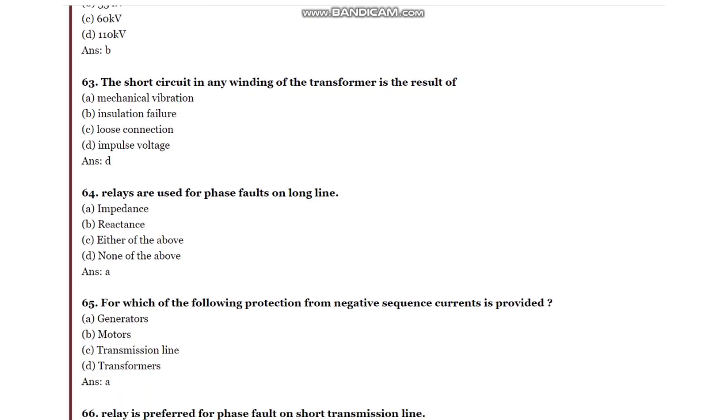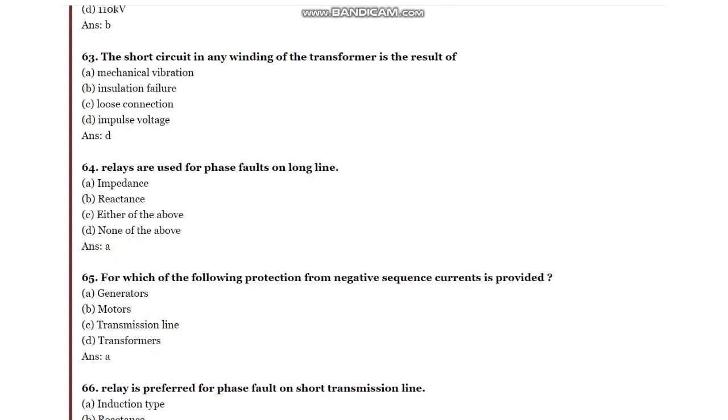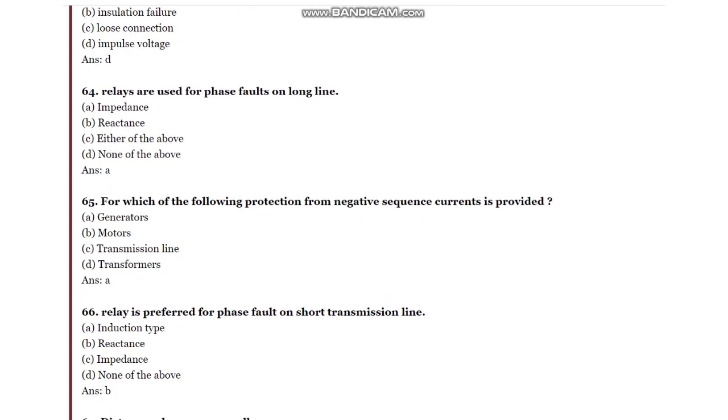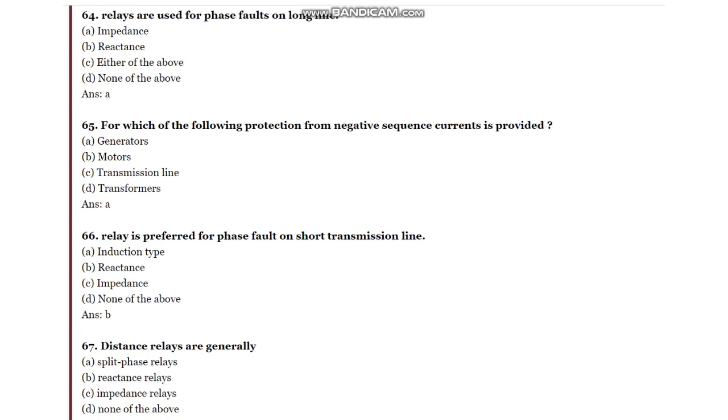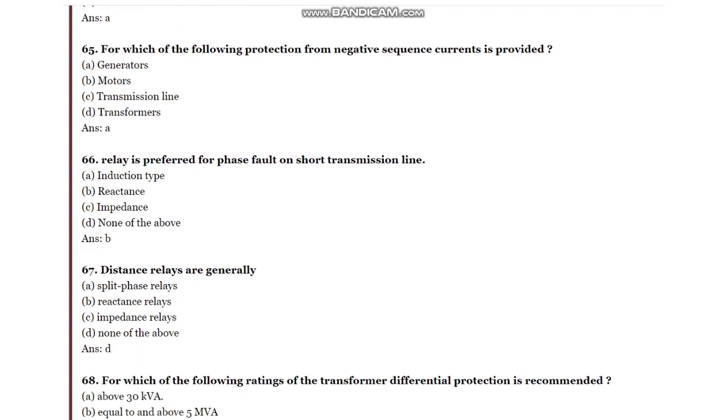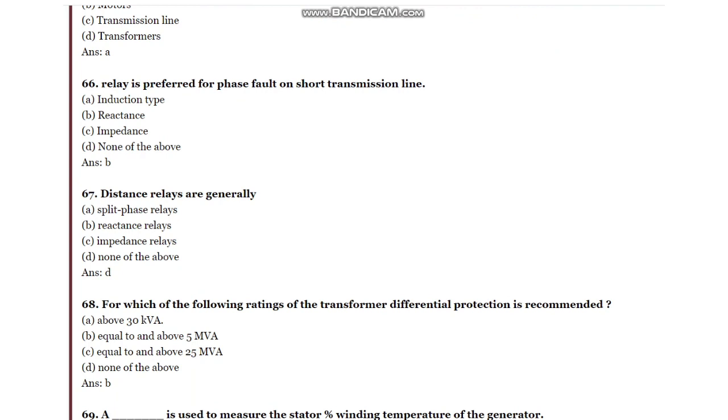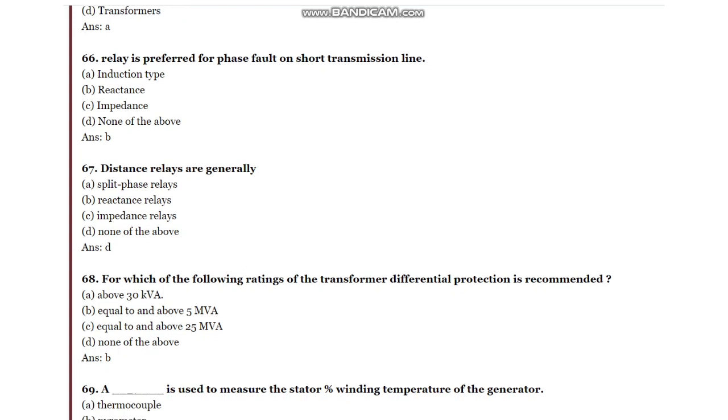The short circuit in any winding of the transformer is the result of impulse voltage. Relays are used for phase faults on long time impedance. Question number 65: for which of the following is protection from negative sequence current provided? Generators. Relay preferred for phase fault on short transmission line is reactance relay.